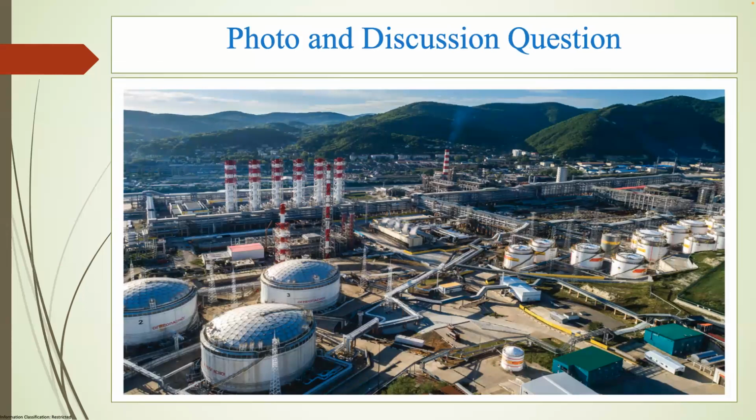If you look at this photo, that is Rosneft, one of Russia's largest independent gas producers. The company's oil refinery is located in the Krasnodar region on the shore of the Black Sea.